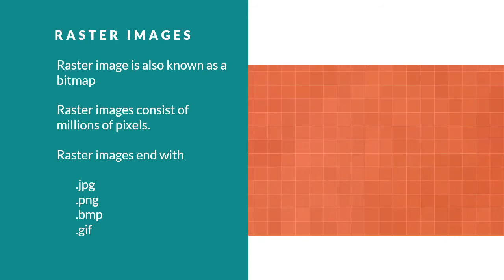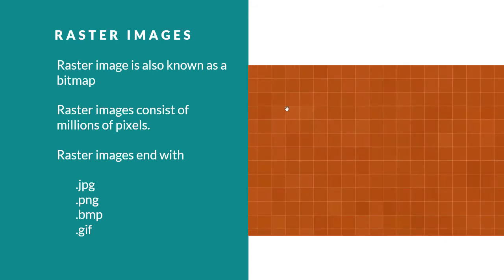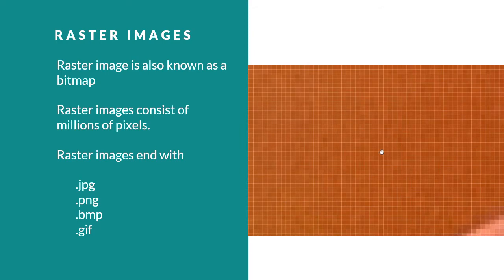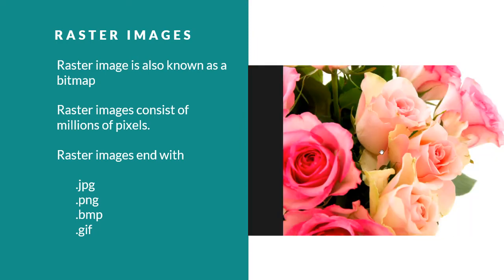So kung meron kayong nakitang picture or photo and the file extension, say for example, rose.jpg or rose.png or rose.bmp, or if it is an animated image, ang ginagamit nila usually is .gif. If the file extension or the file type or file format ay gumagamit ng apat na yan, then they are identified or classified as raster image.